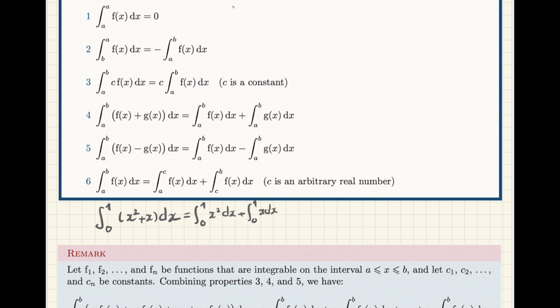But we don't need this to calculate this integral. You can calculate each integral and add them together. But do you remember, even myself, I don't do it in this way. I prefer to find a primitive function for my function, so I do it in one place. It becomes x to the 3 over 3 plus x to the 2 over 2 from 0 to 1, and then just calculate this one.